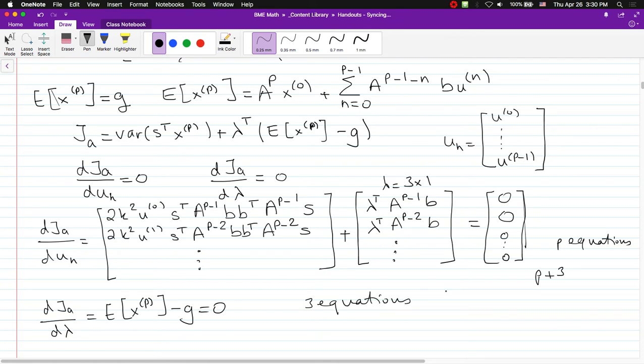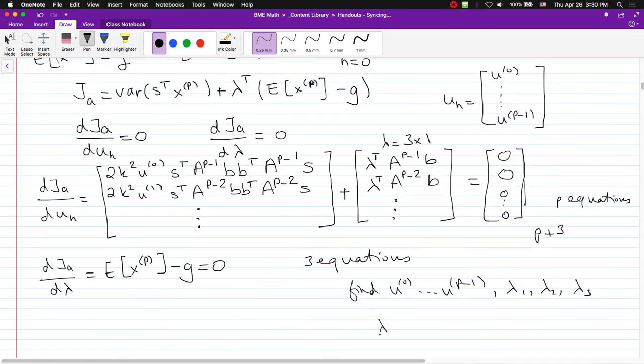So you have p plus 3 equations and p plus 3 unknowns, and you solve for your unknowns, u and lambda. So you find u0 through u p minus 1, and lambda 1, lambda 2, lambda 3, where these are our Lagrange multipliers.